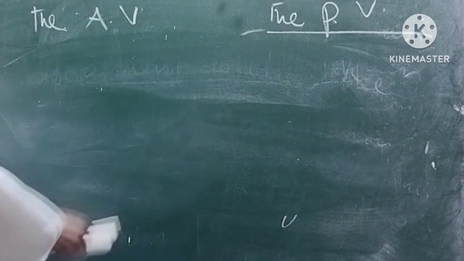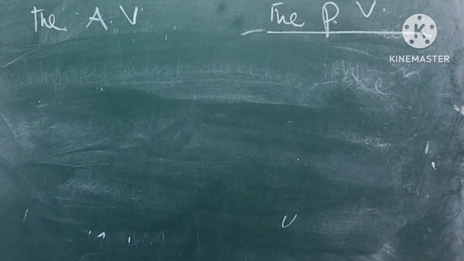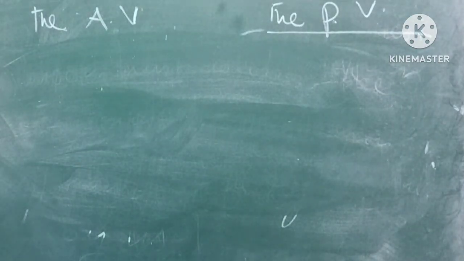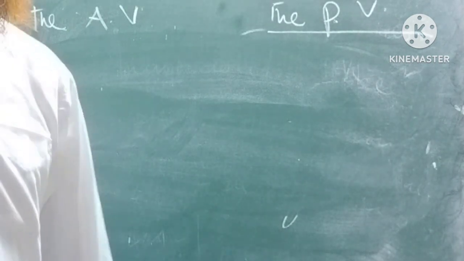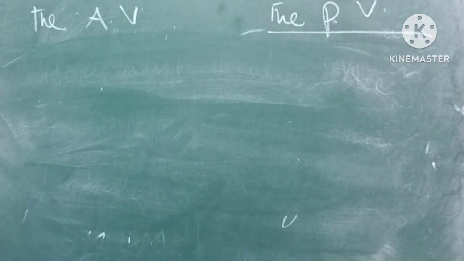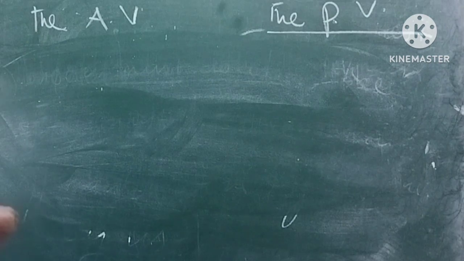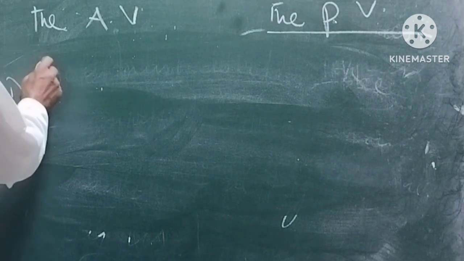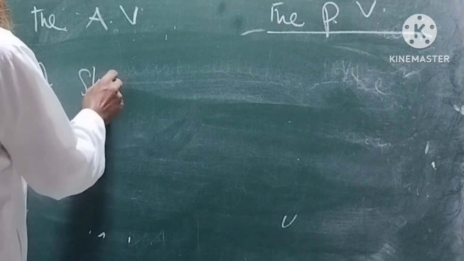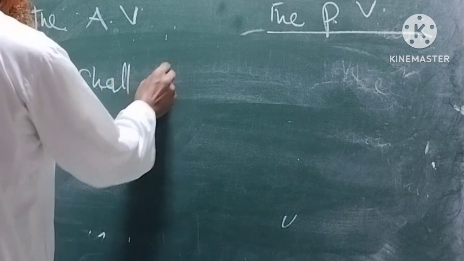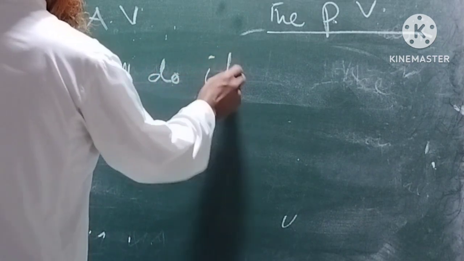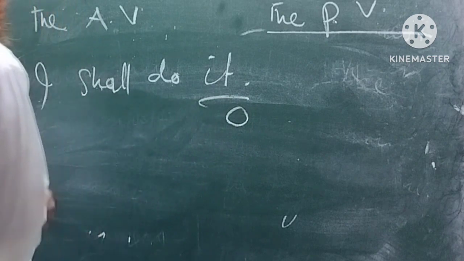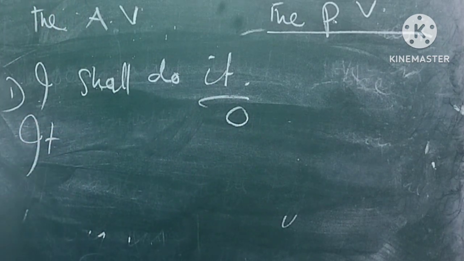Except shall and will, no modal is changed according to subject and number. Example: I shall do it. The object it will become the subject, and it is third person singular number.